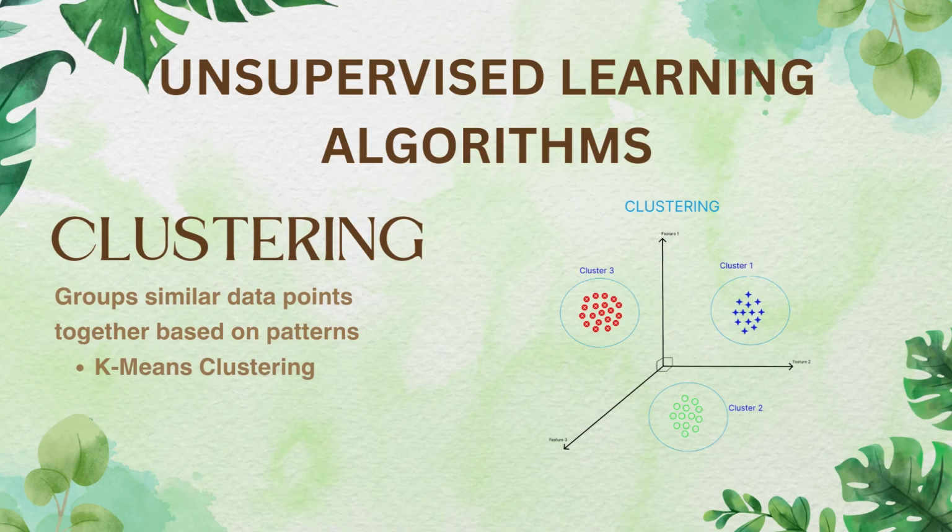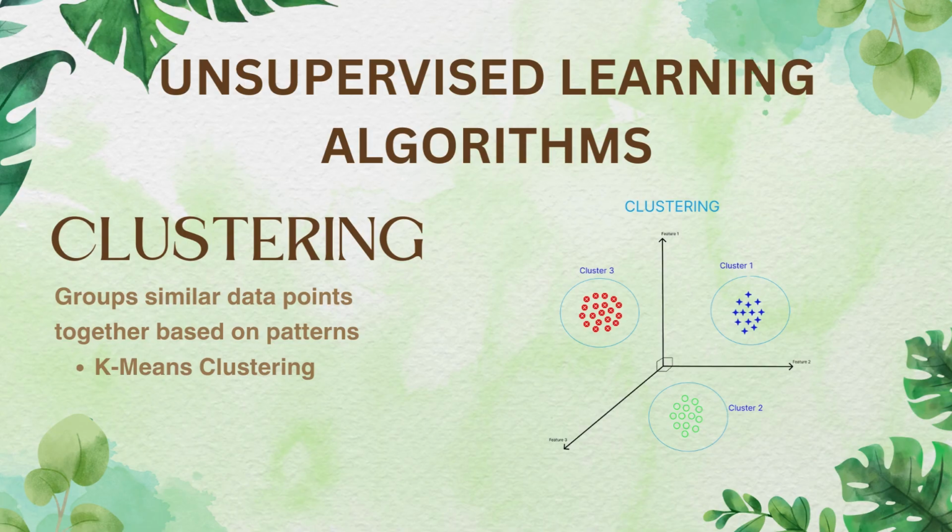So, number one is clustering. Think of it like organizing your messy closet. The algorithm groups similar data points together based on patterns it finds without anyone telling it what those groups should be. So it's like, hey, these folks all shop the same way.